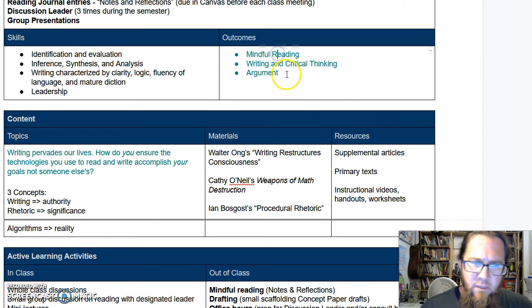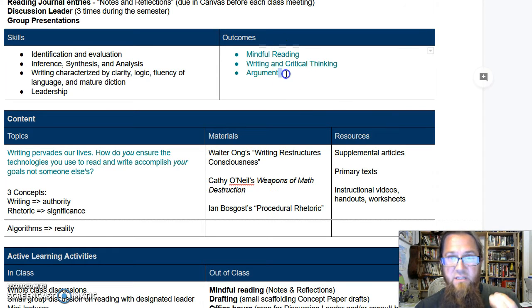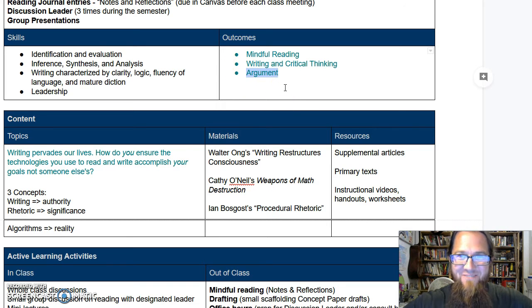And reading, the way I center it in my class, is in discussions. So not necessarily throw-down arguments, but argumentative discussions in which we infer, we debate, we analyze, we make claims about, we synthesize with other content that we're working with, right? And that's recursive, right?